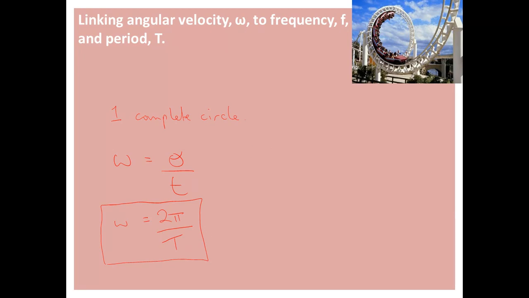However, earlier we looked at the fact that T is equal to 1 over f, and we can substitute that into this equation, which gives us 2 pi over 1 over f, which simplifying becomes omega equals 2 pi f. Now, obviously, we can rearrange those two equations.